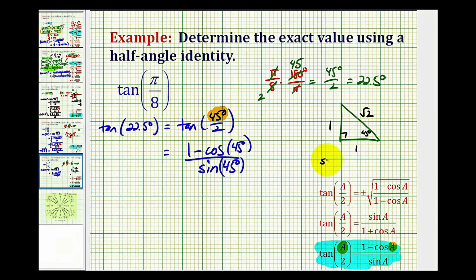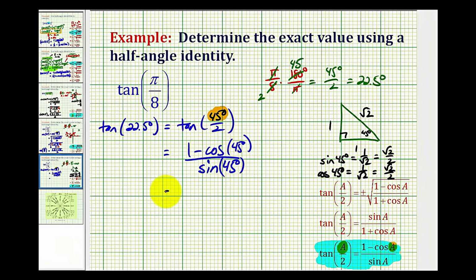So the sine of 45 degrees is equal to 1 over square root 2, which rationalizes to square root 2 over 2. And because this is an isosceles right triangle, the cosine of 45 degrees is the same, 1 divided by square root 2, which rationalizes to square root 2 divided by 2.